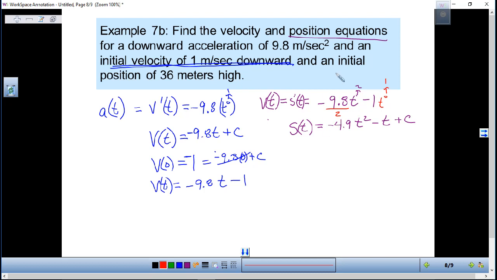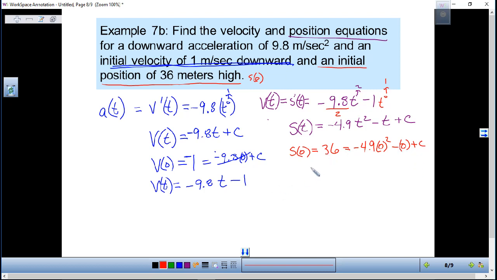Now, we have an initial position of 36 meters high. That means that that is s of 0. So s of 0 equals 36, which equals this thing right here with 0 plugged in everywhere we got a t. Negative 4.9 times 0 squared minus 0 plus c.